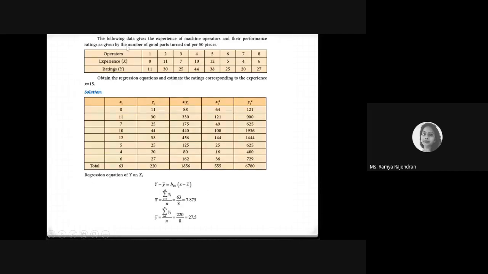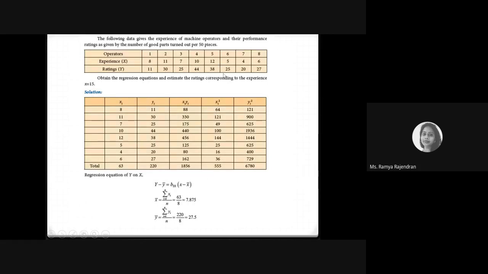Okay, so again, here we are finding a regression equation of x on y. Here x becomes your dependent variable and y becomes your independent variable.